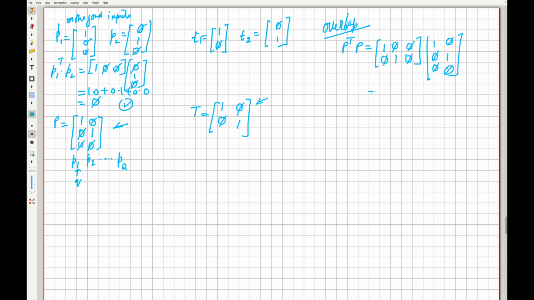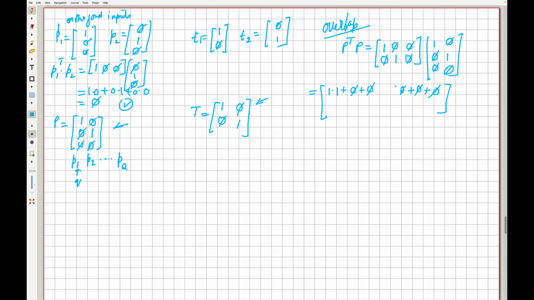If we get the dot product of these two, we get 1 times 1 plus 0 times 0 is 0, plus 0 times 0 is again 0, so 1. Then 1 times 0 is 0, 0 times 1 is 0, and 0 times 0 is 0, so 0.